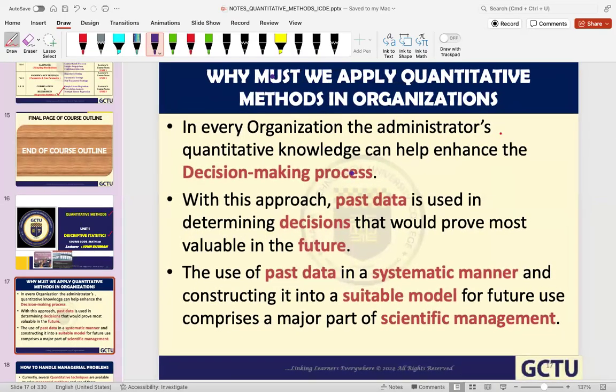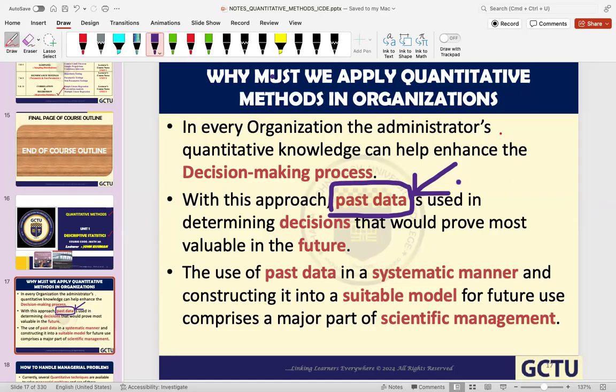So how can the improvement be done? You always have past data with you. So you are going to apply quantitative methods on your past data. And once you apply it on your past data, you are going to have what we call empirical results.